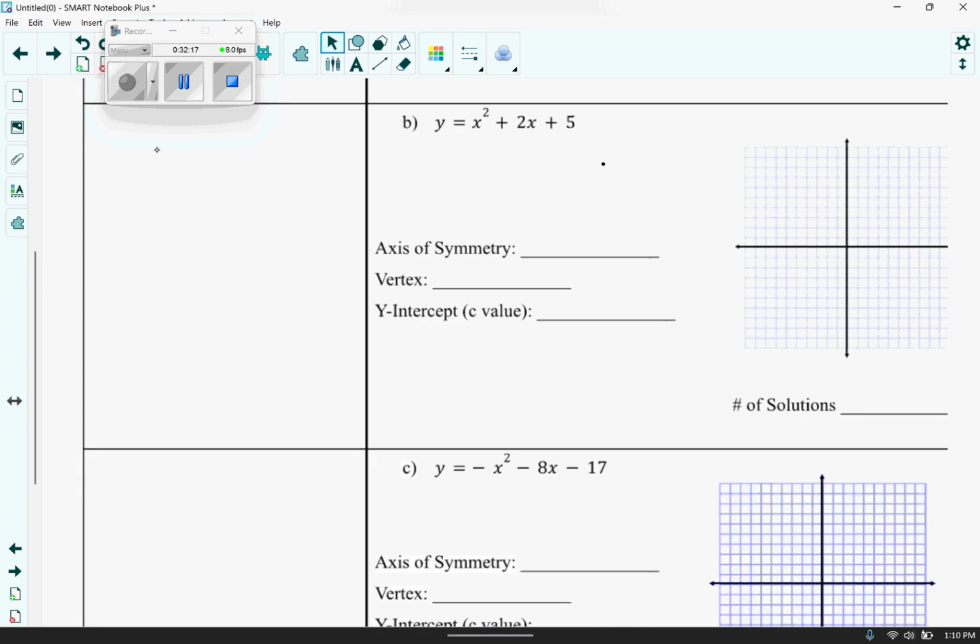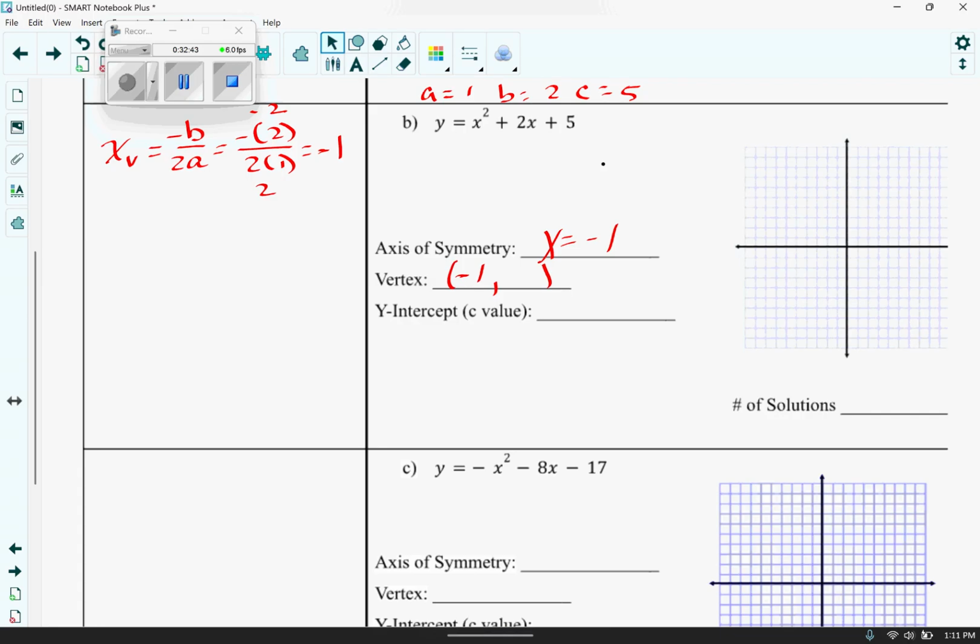So x value of the vertex is negative b over 2a, or opposite of b over 2a. A here is 1, b is 2, and c is 5. So opposite of 2 over 2 times 1, again, gives me negative 2 over 2, which is negative 1. X equals negative 1 something.